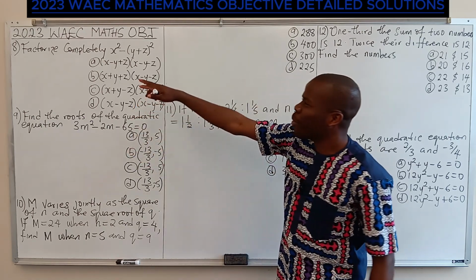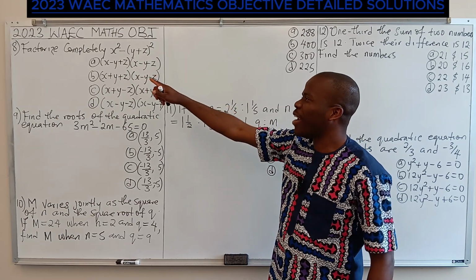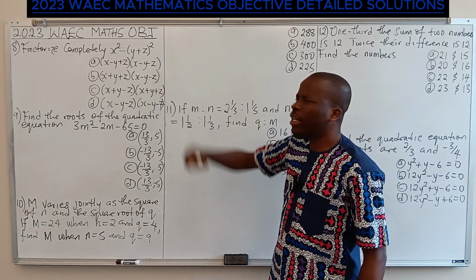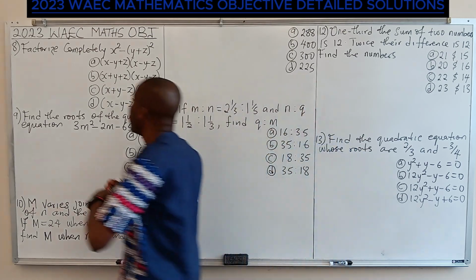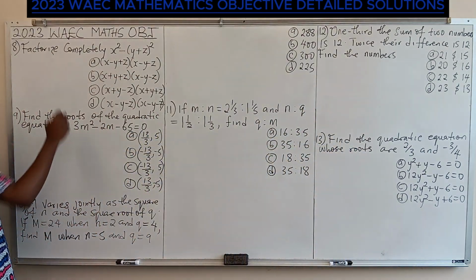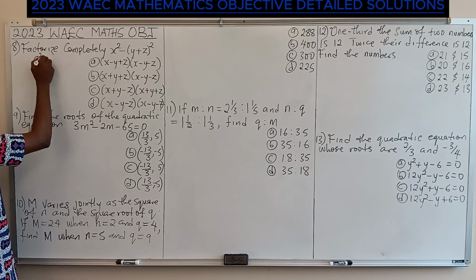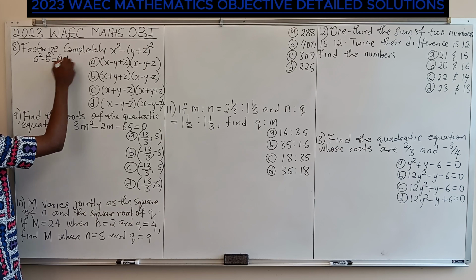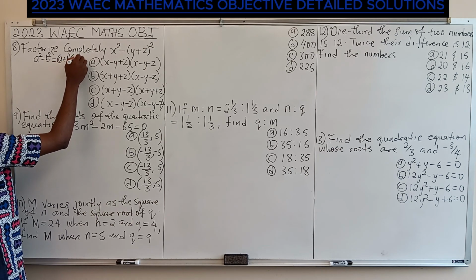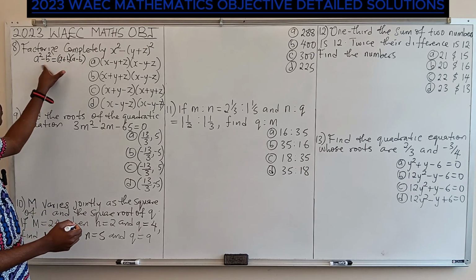Let's continue. Number 8 says, factorize completely this. When you look at this question, the first thing that should come to your mind is difference of 2 squares. So from difference of 2 squares, we know that a squared minus b squared is a plus b, a minus b. So we'll use this here.